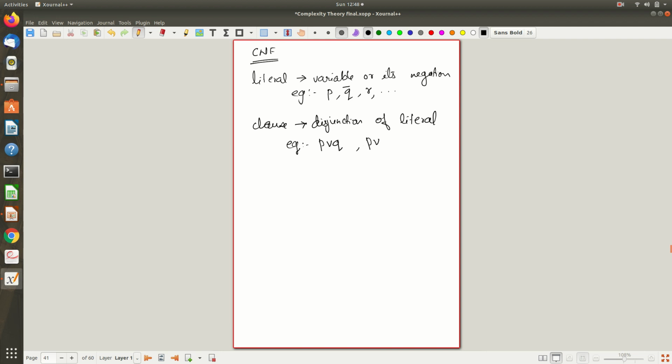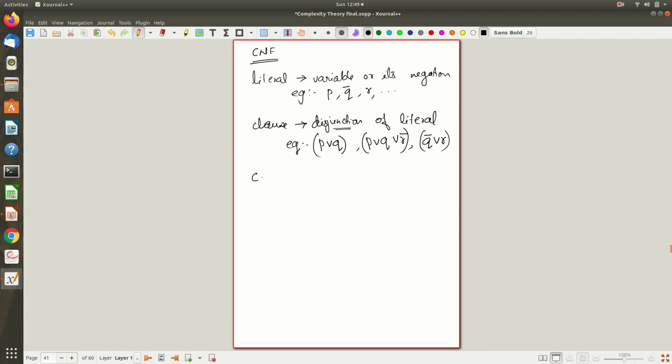P or Q or R complement is another clause. Q complement or R is another. So here I have a clause with two literals, here a clause with three literals, and here another with two literals. Between the literals we need the disjunction operation, which is the OR operation.